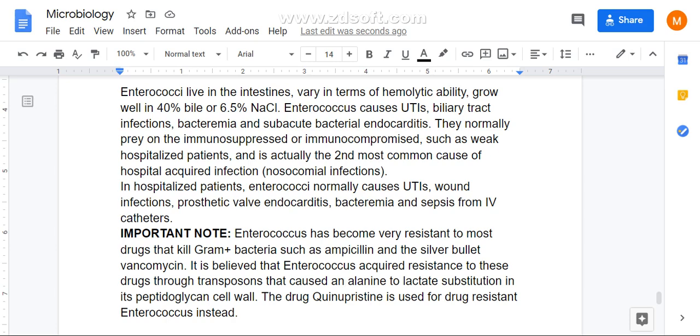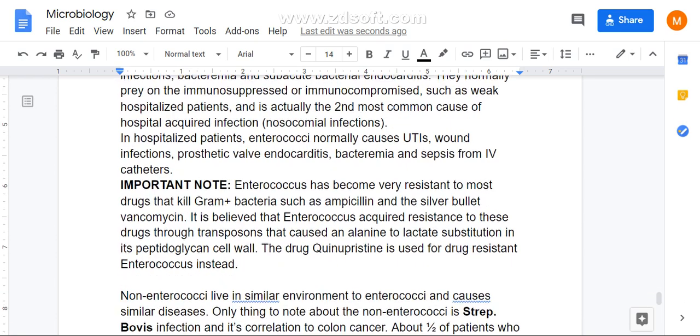So the drug that normally attacks the cell wall will be looking for the alanine bond, but that bond has been substituted for an alanine-lactate bond. So what happens now is that the drug can't break that bond anymore, right? So the drug quinupristin is used for drug-resistant Enterococcus instead of all these other drugs.